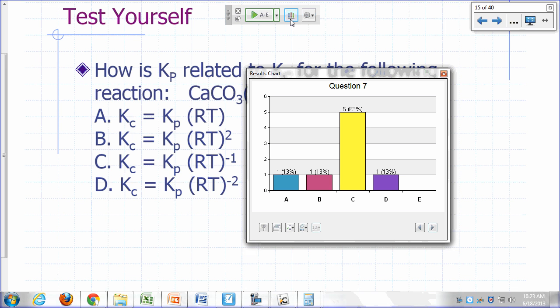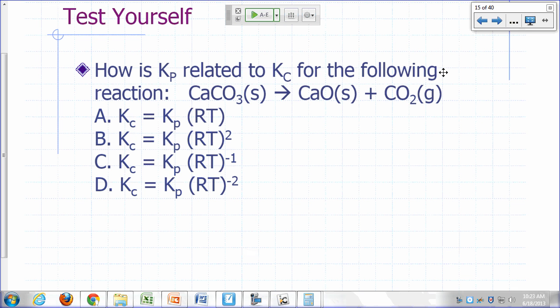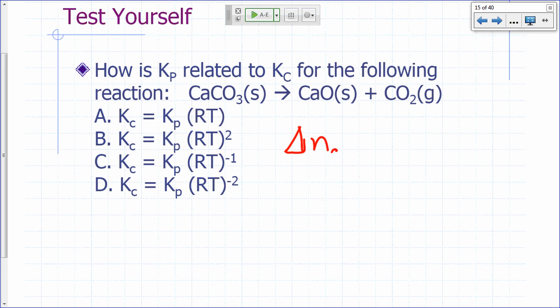Okay, let's see. Popular answer is C. Why is C? What's delta N gas here? How many moles of gas do you have on the product side? 1. This is a solid, right?